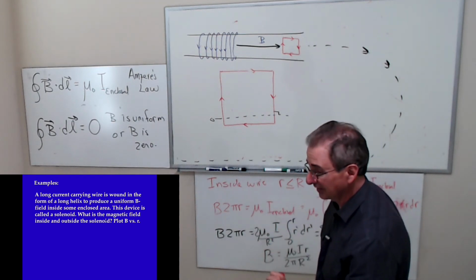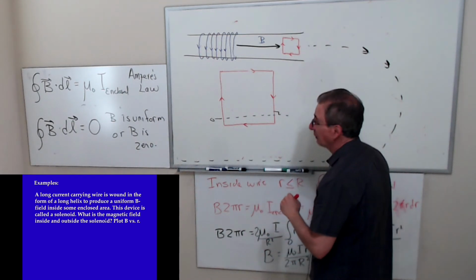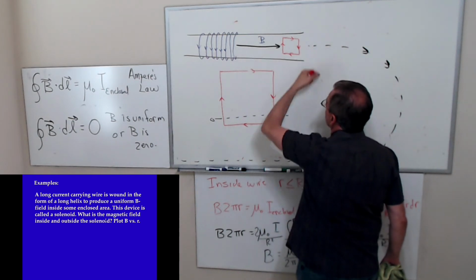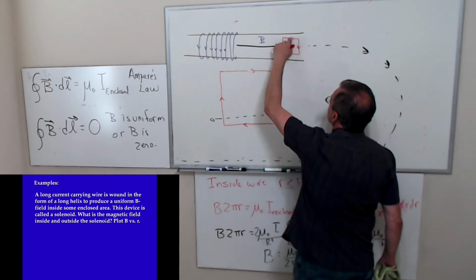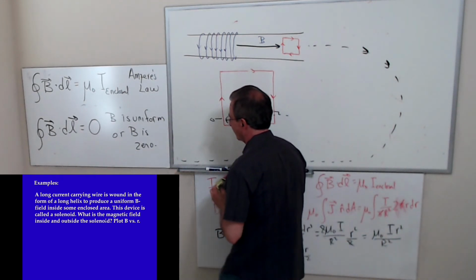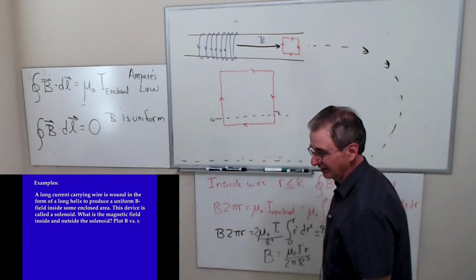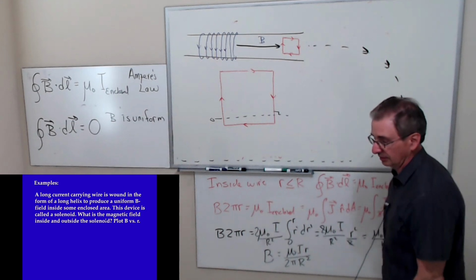So what are the things I can say? We've established that there's got to be a field in here and it points to the right. So these two legs don't contribute. But what can I say about these two contributions to the integral? They're equal and opposite. So you're going to say B is uniform, right? So that's going to establish the fact that B is uniform. So how am I going to get B?